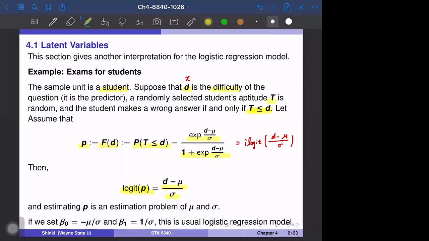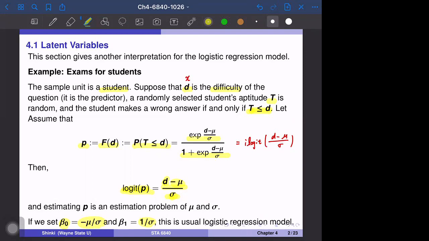Actually, this is exactly the same as logistic regression. So D is X, negative mu over sigma is beta naught, and 1 over sigma is beta 1. So this is a logistic regression model.